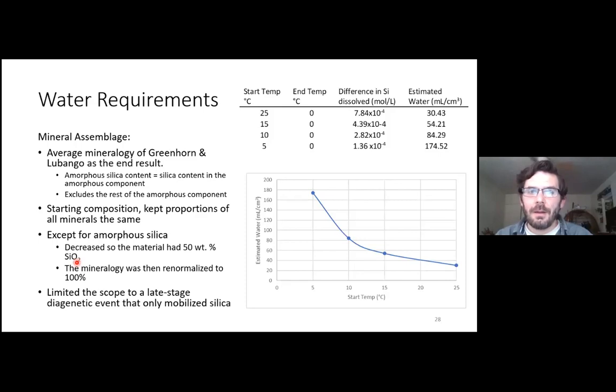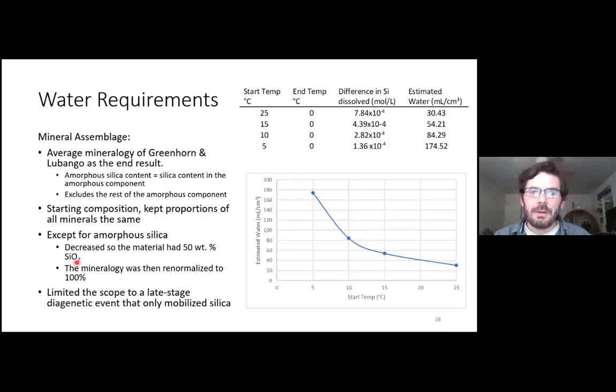For total mineralogy, we excluded the rest of the amorphous component. I didn't show this here, but the amorphous component is better than half at both these sites. For our starting composition, we kept the proportion of all the minerals the same. We didn't change anything except for amorphous silica, which we decreased so that the starting material only had about 50 weight percent silica, and then renormalized the mineralogy to 100%.